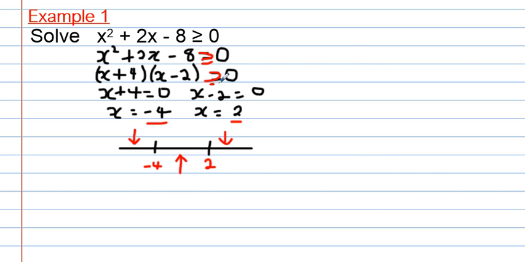If I rewrite that here, it's easy for me to use: x plus 4 and x minus 2 is more than or equal to 0.